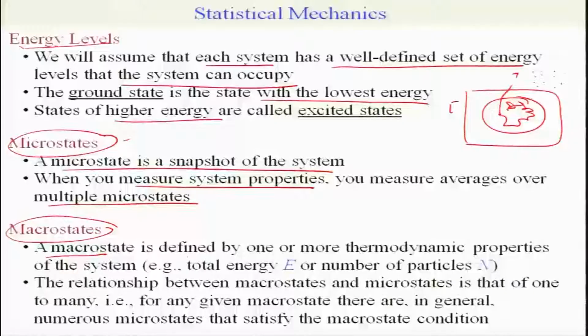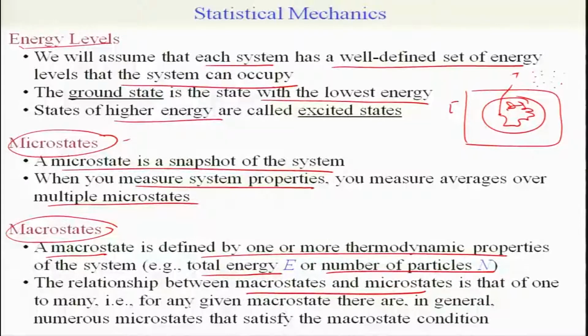A macrostate is defined by one or more thermodynamic properties of the system, that is, total energy E or number of particles N. That means, when you fix the thermodynamic properties E, N, V, this leads to a macrostate. A macrostate can have many different microstates. The relation between macrostate and microstate is that of one to many.